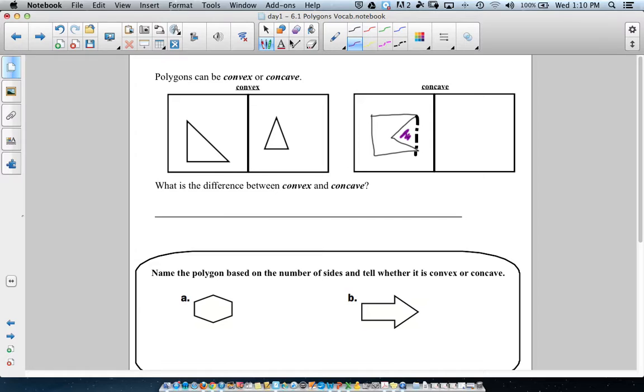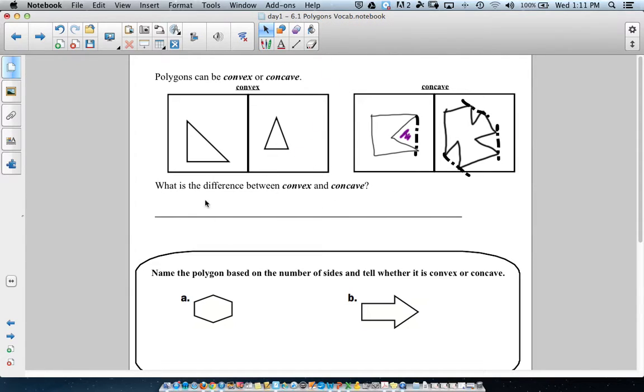That's so it's concave. So if we want to take a look at another one, let's look at this one. This would be concave too. Why? Because it falls in a couple spots right there, right here, and right here. So this is concave. So what's the difference between convex and concave?